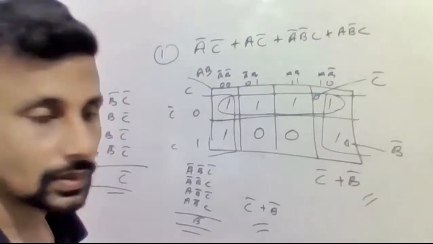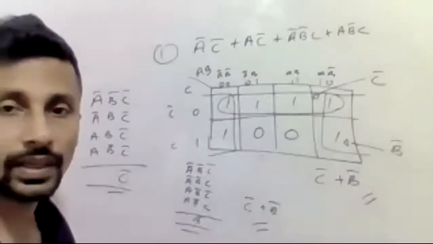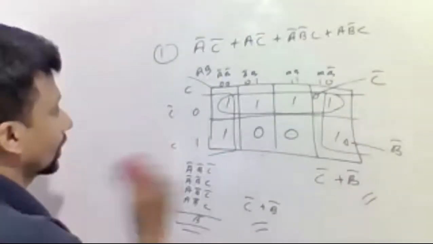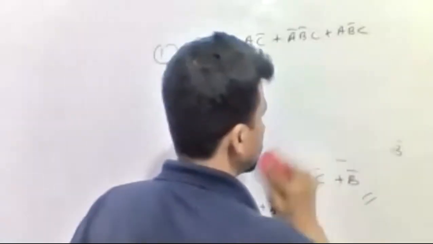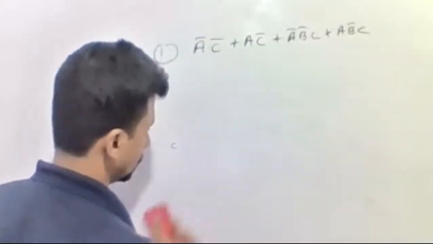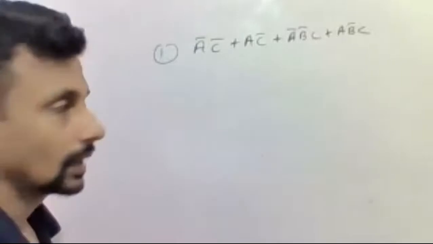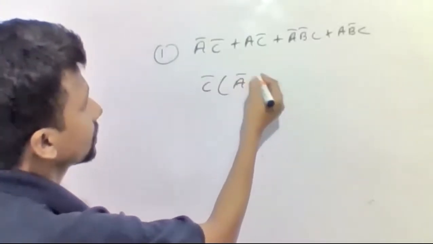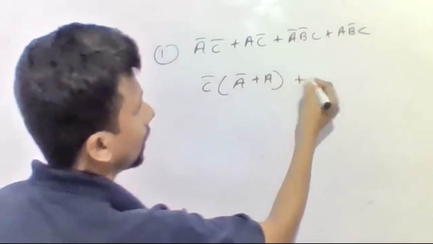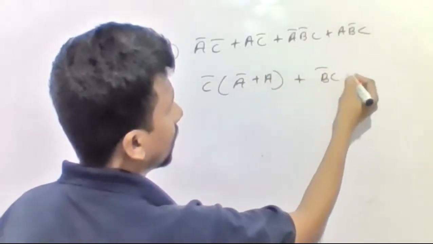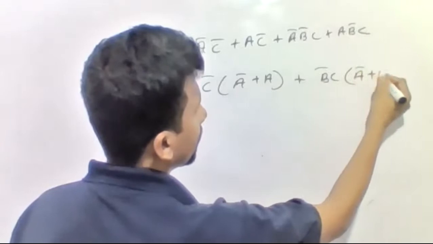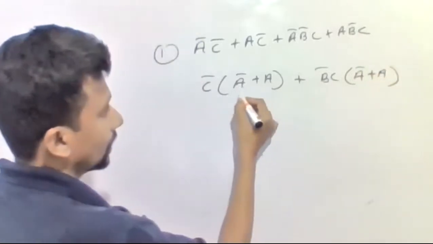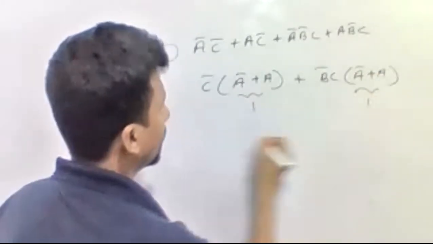Okay, now I am going to use the Boolean laws. Here I am taking C dash out, so A dash plus A. Here I am taking B dash C out, so A dash plus A. So here you get 1, here also you get 1.